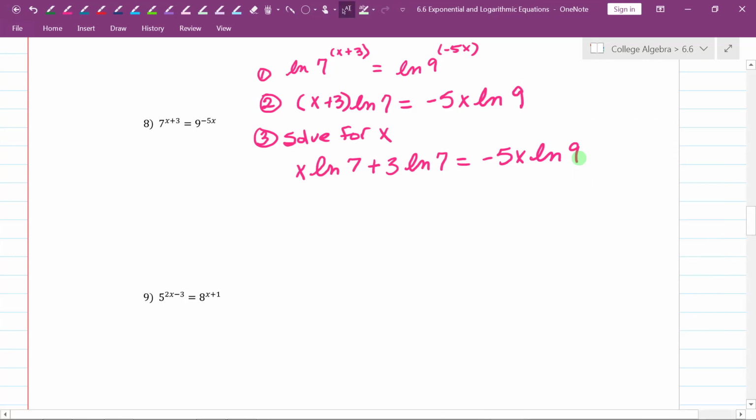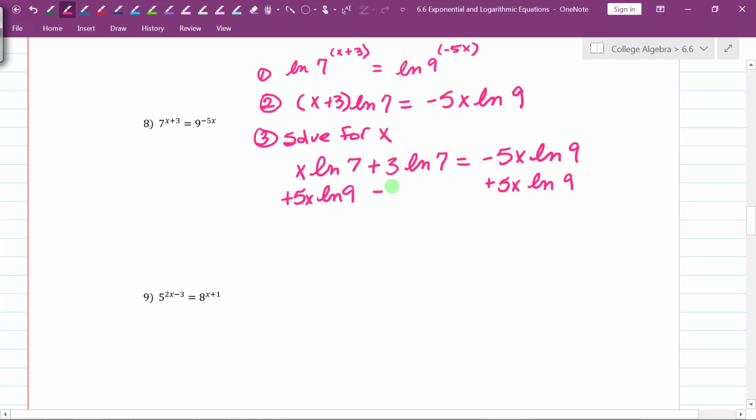Notice that I have an x here and I have an x here. I need to get this term to the left side of the equation, and because this doesn't have an x, I need to get this to the right side of the equation. I'm going to do this through subtraction and this through addition. So I'm going to add 5x natural log of 9 to both sides.